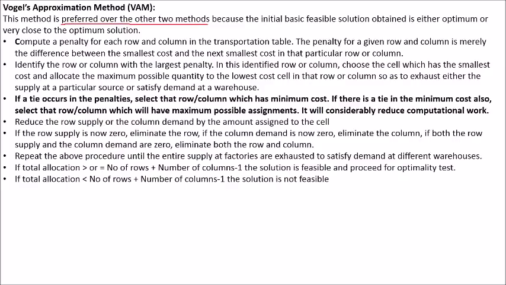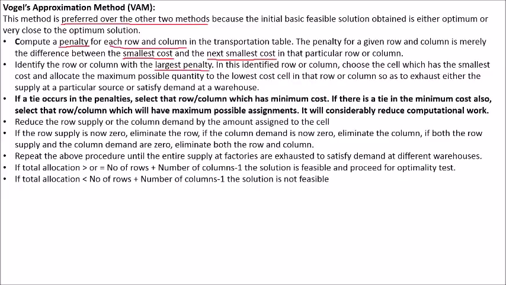Okay, in this method we will be calculating penalty for each row and column. And how will the penalty be calculated? The difference between the smallest cost and the next smallest cost is the penalty. So for rows and columns we will calculate penalty and identify the largest penalty.